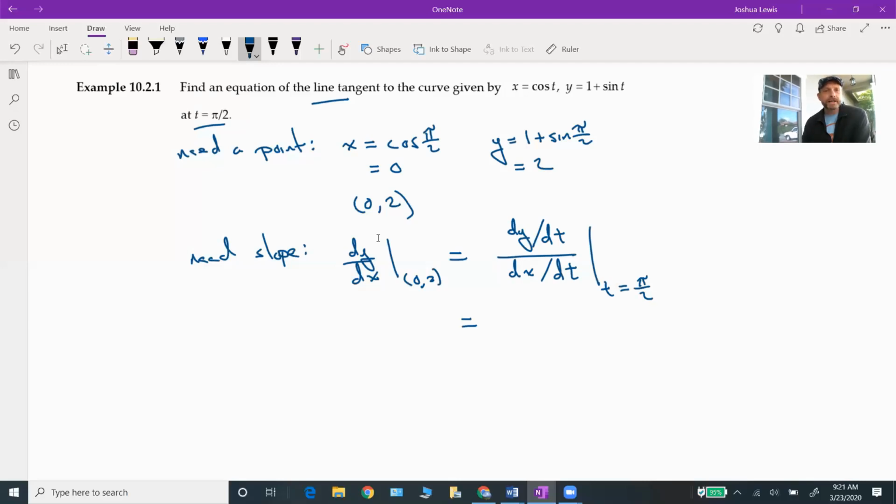So dy/dt, the derivative of 1 plus sine t: the derivative of sine is cosine, so we have cosine t, over the derivative of cosine, which is negative sine t. If we evaluate this at t equals pi halves, we get 0.